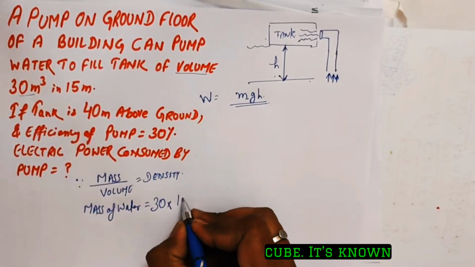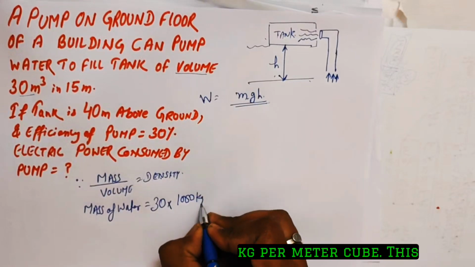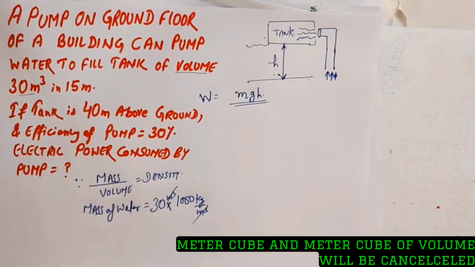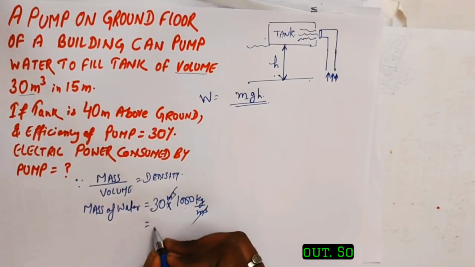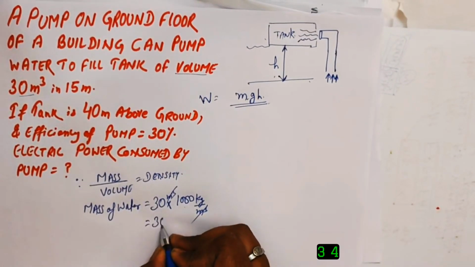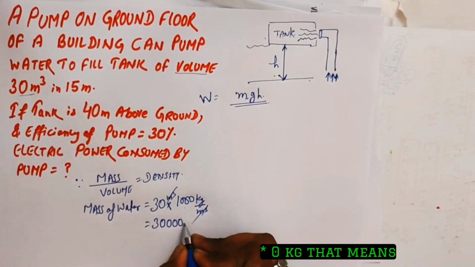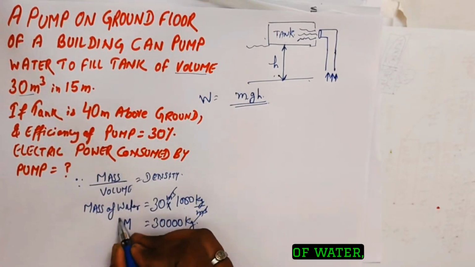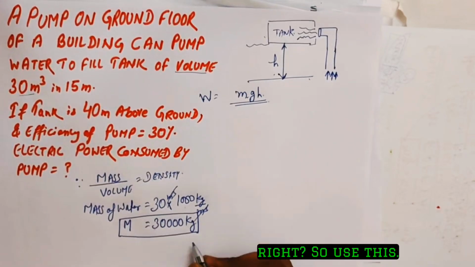It's known. The meter cube and meter cube of volume will be cancelled out. So the mass of water will be 30,000 kg, right?